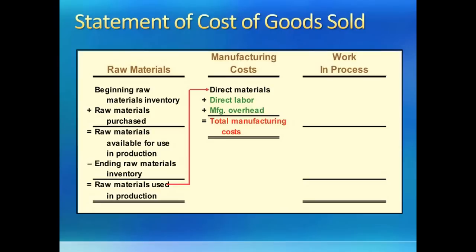So now that we have seen the flow of costs, through T accounts and also through equations, let's try to nail it by looking at it one more time in the form of statements. In the first step, we calculate cost of direct material used using the same logic as before. We add what we started with and what we purchased to get what we have, and then subtract what is still in inventory to figure out what must have been used in production during the period.